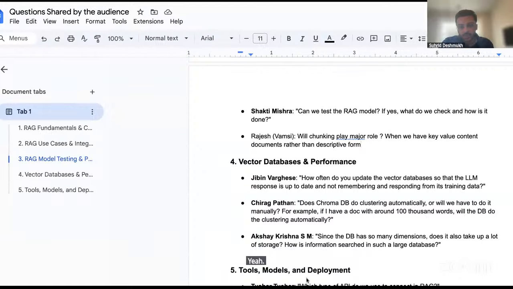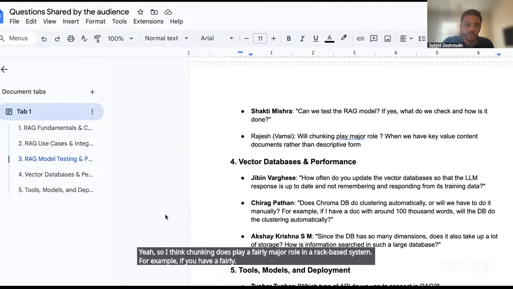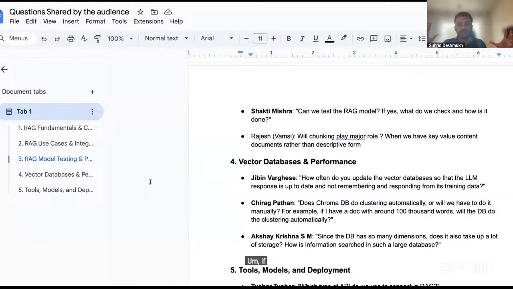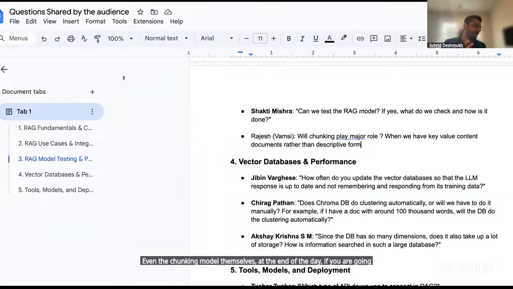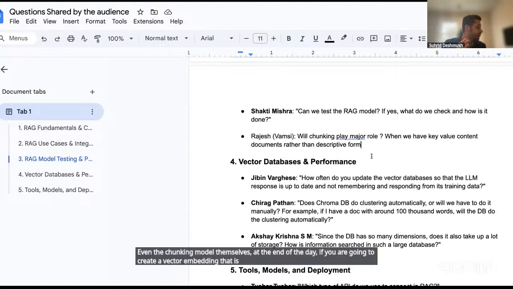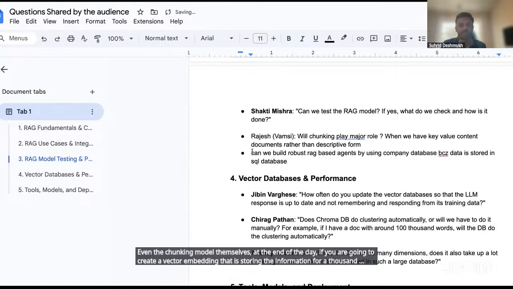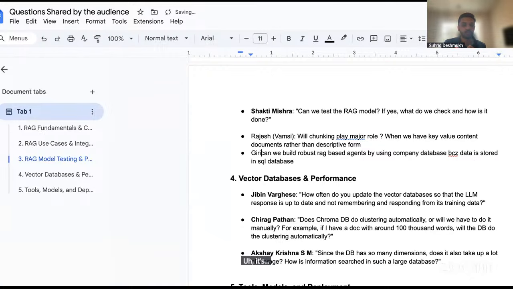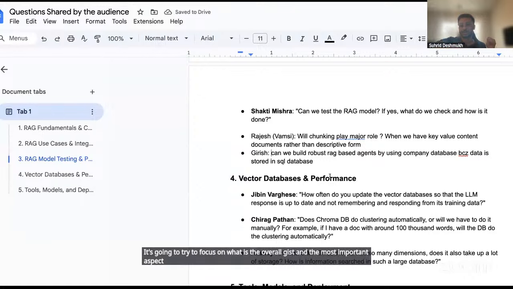Yeah, so I think chunking does play a fairly major role in a RAG-based system. For example, if you have chunks that are very, very broad, you are missing out on nuanced information within smaller paragraphs in a text, because even the embedding models themselves, at the end of the day, if you're going to create a vector embedding that is storing the information for 1,000 words or 10,000 words, it's going to try to focus on the overall gist and the most important aspect amongst these 10,000 words.